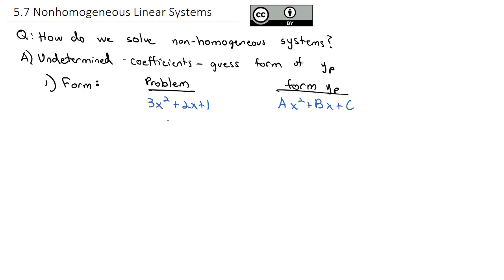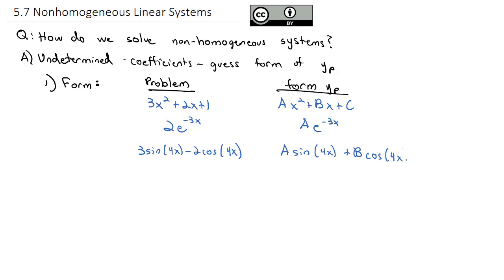Or if there was 2e to the negative 3x, we would know it'd be something times e to the negative 3x. If there were sines and cosines involved, maybe 3 sine 4x minus 2 cosine of 4x, we knew that meant we were dealing with a sum or difference of sines and cosines. So we would have a sine of 4x plus b cosine of 4x.